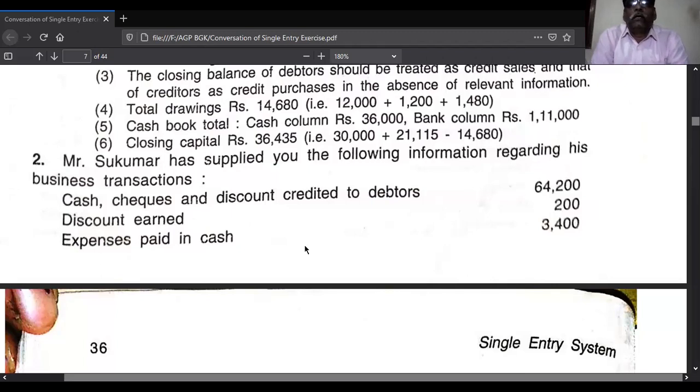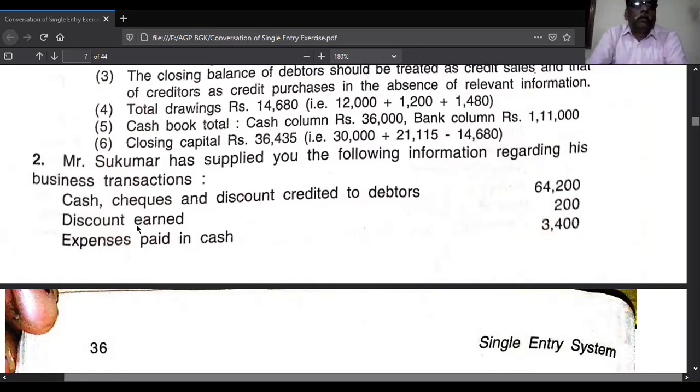It means 3 items shown on the credit side of debtors account: cash, check means bank, and discount. So the total amount is 64,200. It is not possible to enter directly because the amount is in common, so you have to bifurcate this amount and show it in the account.